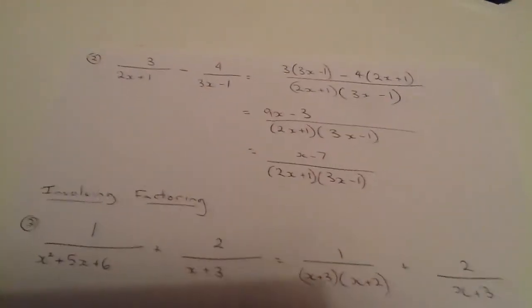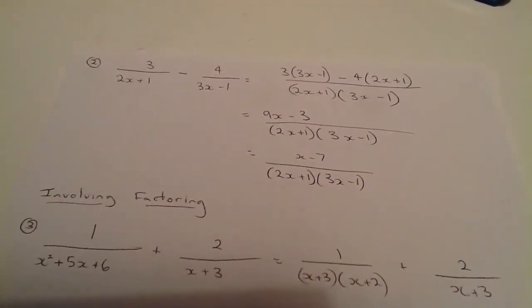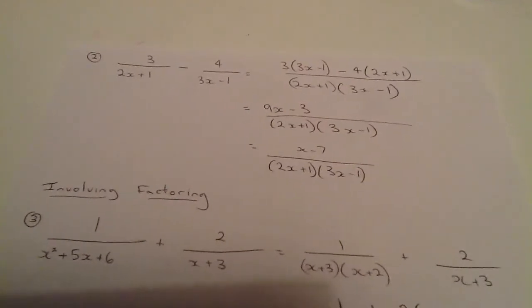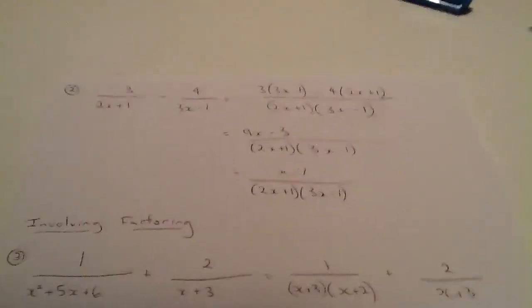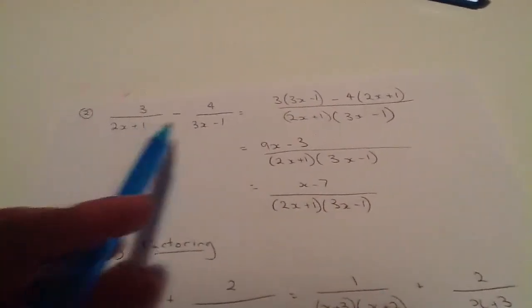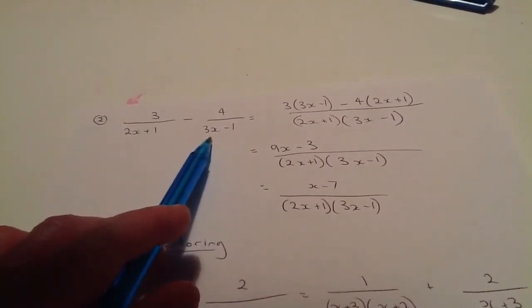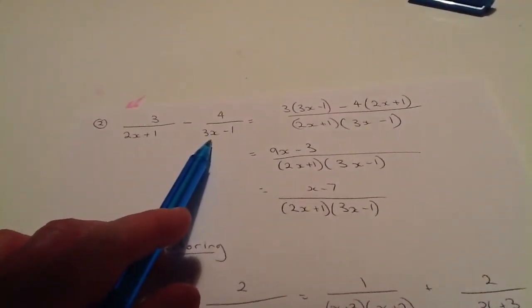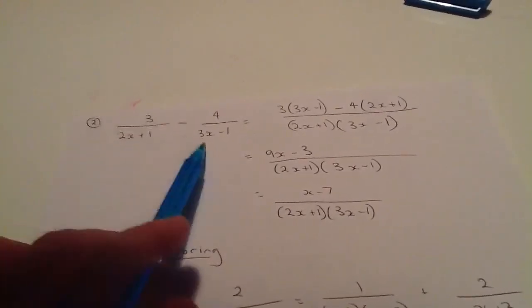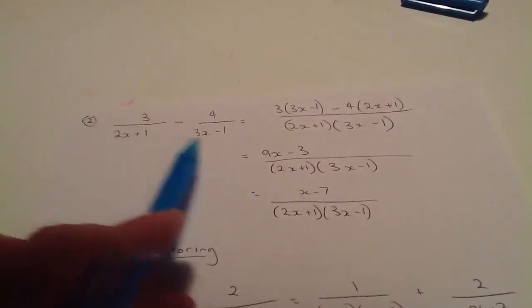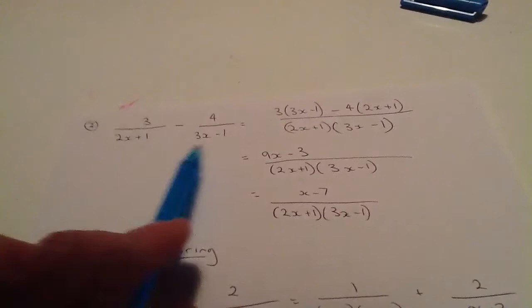Number 2. Okay, in this case we've got a subtraction, so we need to be careful. Again, we have nothing in common between the two denominators. Okay, 2x plus 1, 3x minus 1. It's like having a 4 and a 5 on the bottom. There's no common link between them.